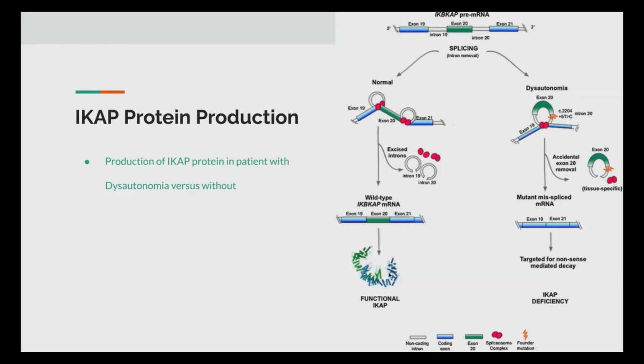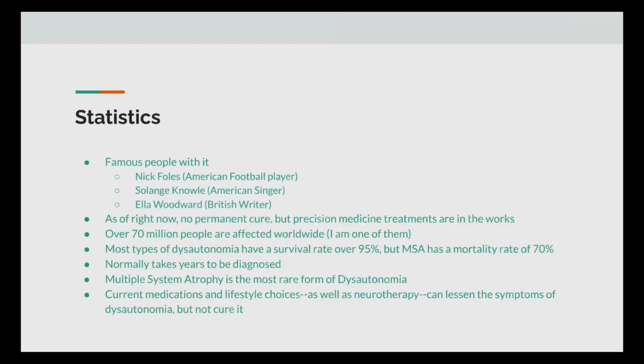What happens in dysautonomia is exon 20 is cut out when they are making the mRNA strand. So you wind up with exon 19 and exon 21 in the mRNA strand, and you're missing this exon 20 here. The protein doesn't function properly, it is targeted for nonsense-mediated decay, and then you have a deficiency in your body. As we said earlier, it is an inconsistent mutation, but one of the cells that are extremely affected are brain cells, neurons and glial cells included.